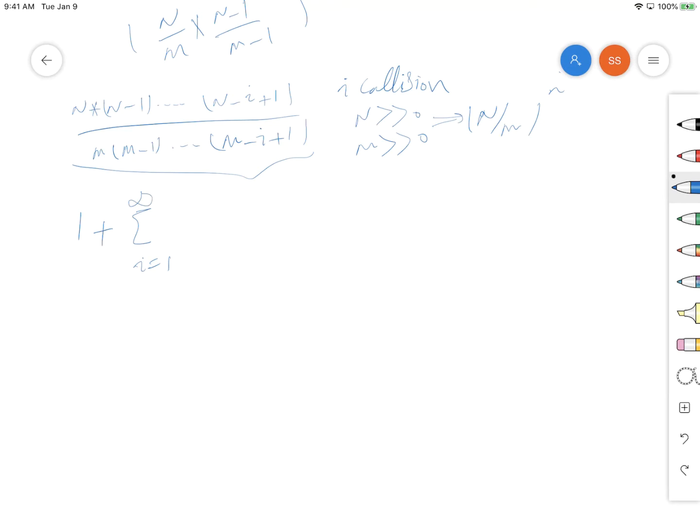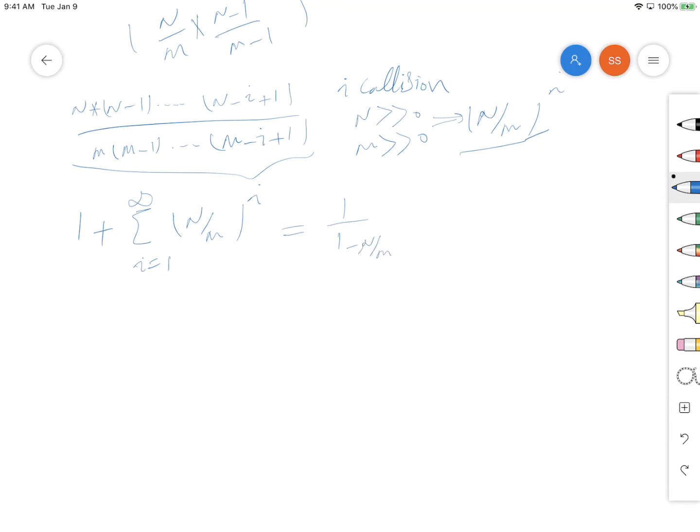Here i is the number of collisions that we have, and infinity means that we may have a very large number of collisions. We sum n divided by m to the power i, the value for the collision that we calculated above. If we calculate this value, it is equal to 1 divided by 1 minus n by m.